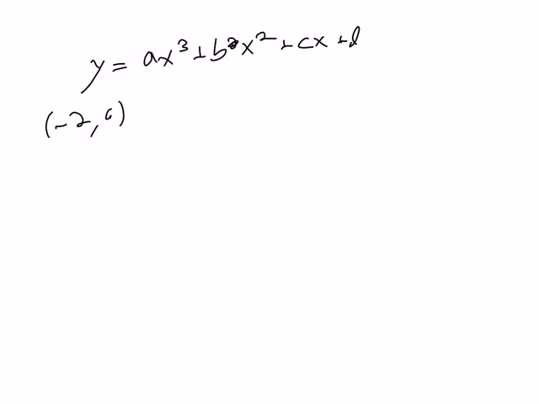Okay, so now find the cubic function y equals ax to the third plus bx squared plus cx plus d, whose graph has horizontal tangent at the points negative 2, 6 and 2, 0, which means that m is 0.